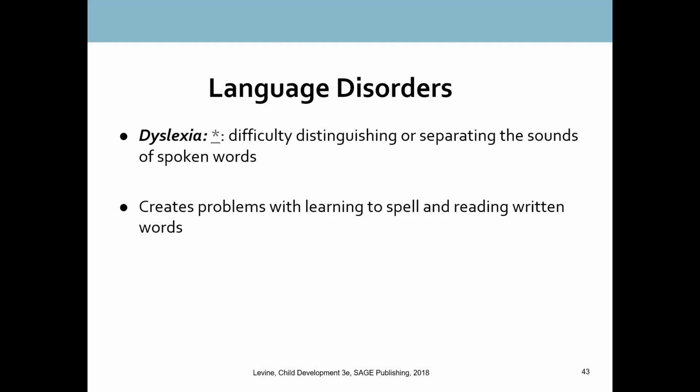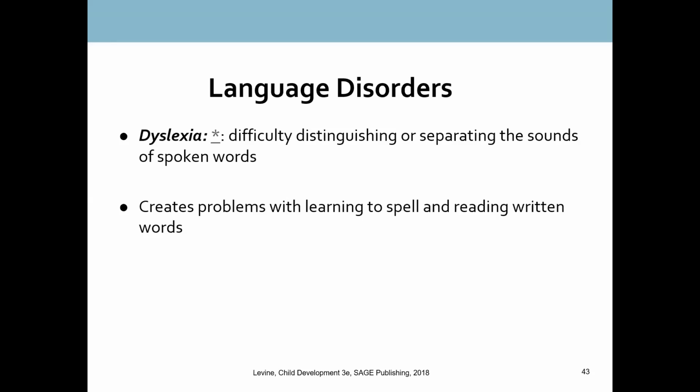Anyways, dyslexia creates problems, as it says here, with learning to spell and with reading written words. Even though it shows up there, somebody with dyslexia may often communicate perfectly fine with others, so you don't really see it in communication.